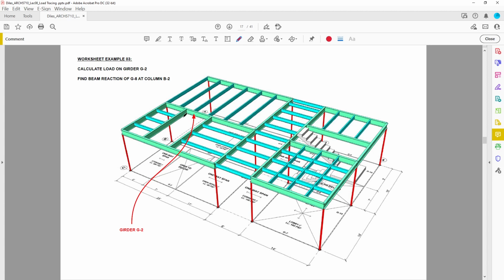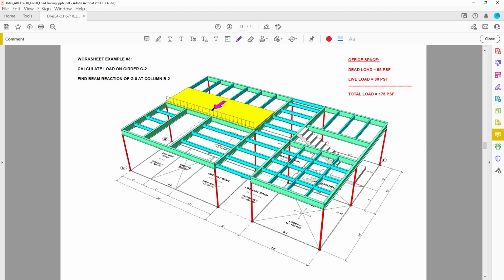And then we have a void here. So there's a hole in the floor at this moment. So this X is telling us that we have a hole in the floor, and we have one-way spans on either side of that resting on girders, which rest directly onto G2.